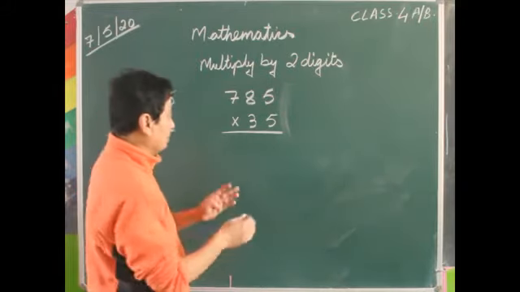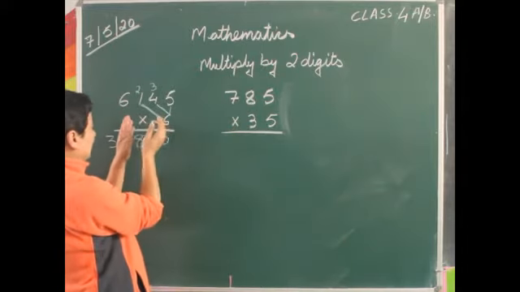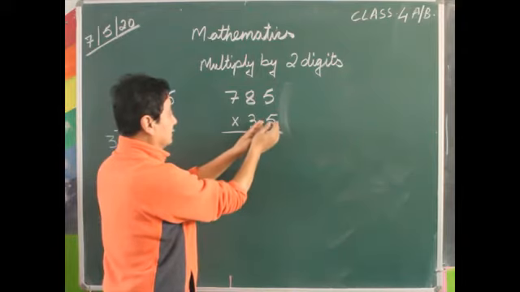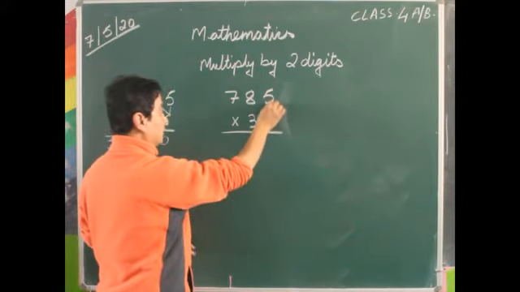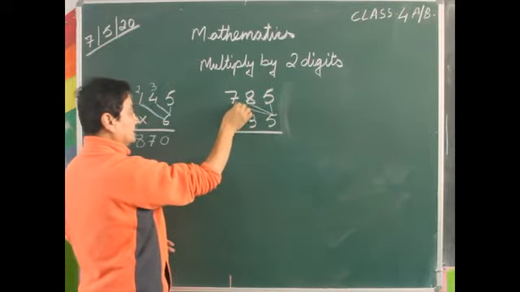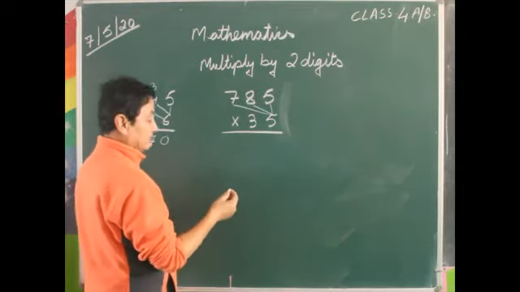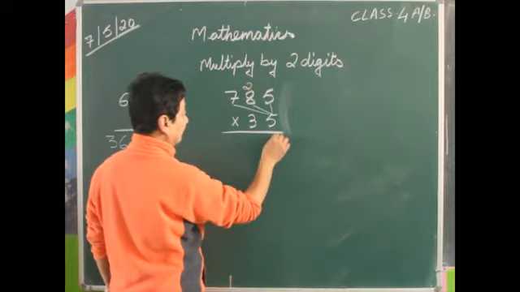Now when you multiply with the ones digit, it is the same thing that we have done before. Only using this 5 from the ones column, we multiply the top number: we multiply this 8 and we multiply this 7. So let's start. 5 5s are 25.